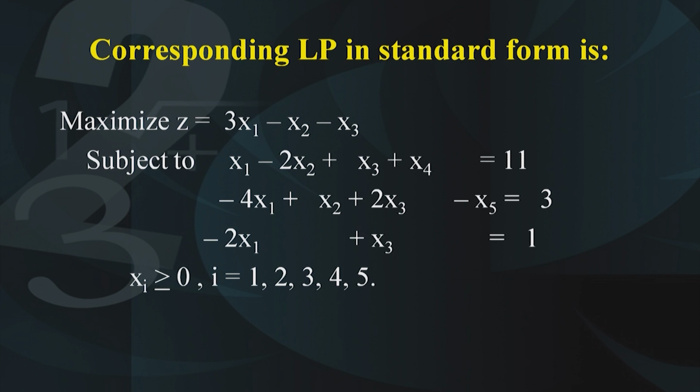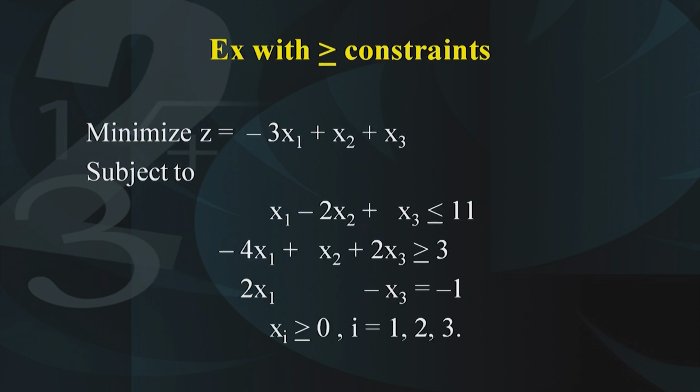Now, coming to the third equation, in the given problem we have twice x1 minus x3 is equal to minus 1. Although it is an equality, it is fine, but the trouble is that the right hand side is not positive.